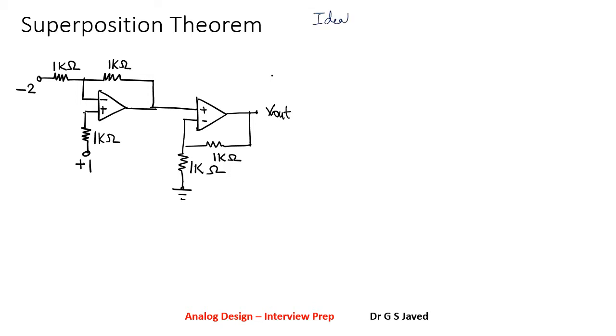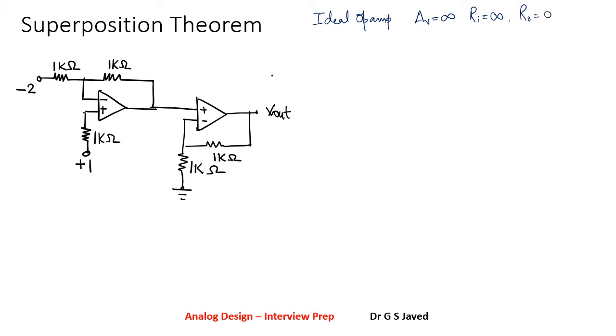An ideal op-amp has the following three conditions. The open loop voltage gain is infinite, the input impedance is infinite, and the output impedance is 0.